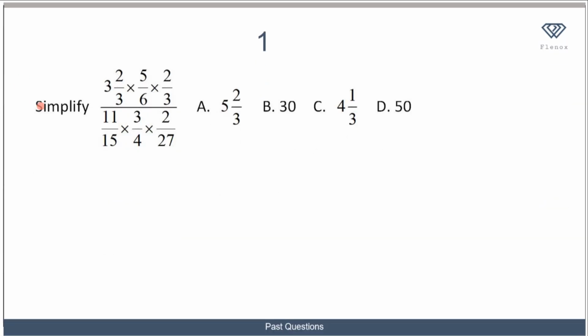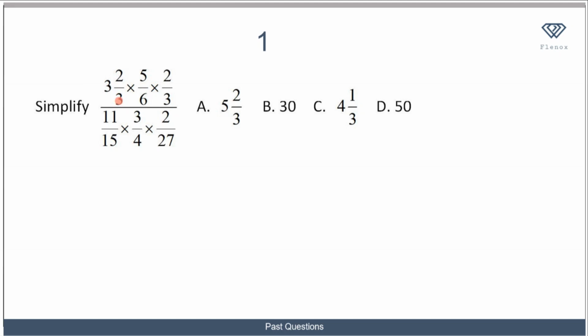So now we are told to simplify this expression: 3 2/3 times 5/6 times 2/3, all over 11/15 times 3/4 times 2/27. The first thing you want to do is change all mixed fractions to improper fractions.